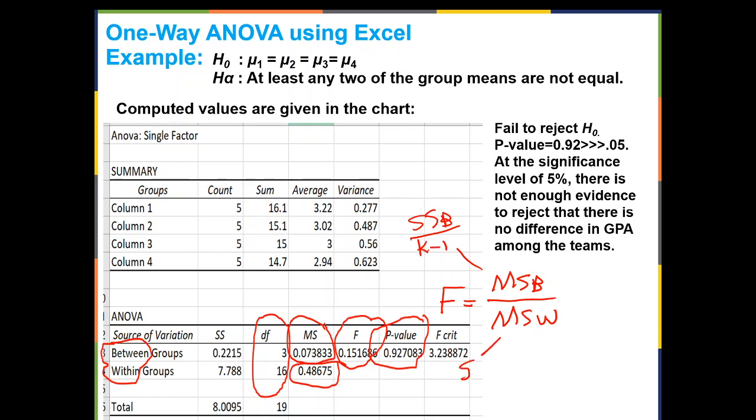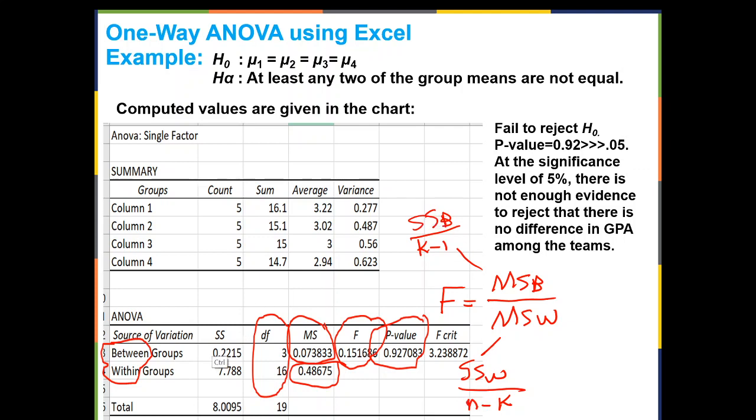And this one was SSW divided by N minus K. So in this, you see, Excel knows that degrees of freedom here is 3, because we have 4 groups, 4 minus 1 is 3. And then how many numbers do we have? Well, each group has 5, and there were 4 groups, so 4 times 5 is 20, right? We have 20 total items, and 20 minus 4 is 16, so that is this denominator.